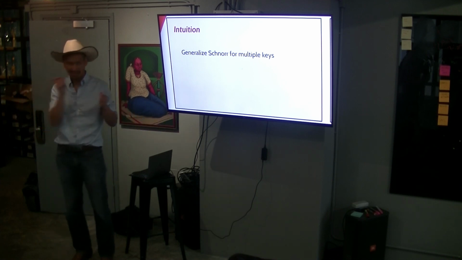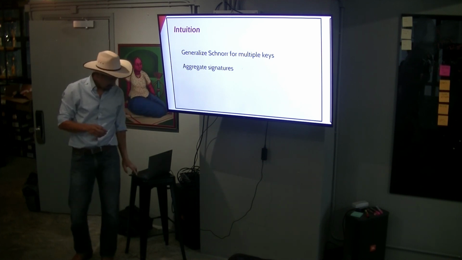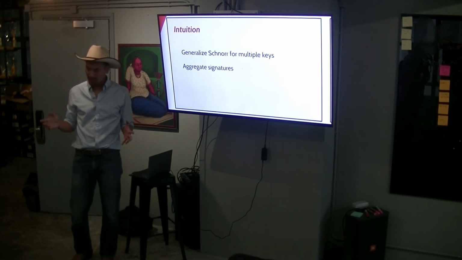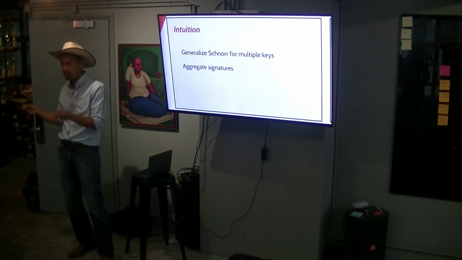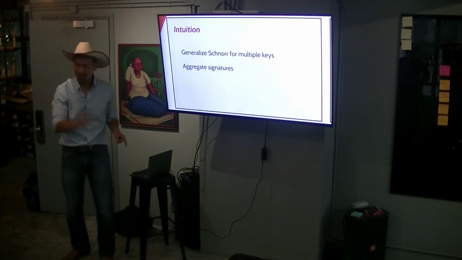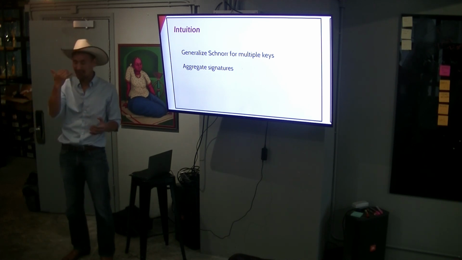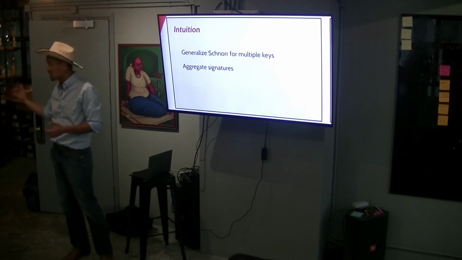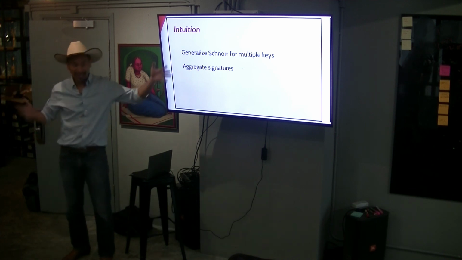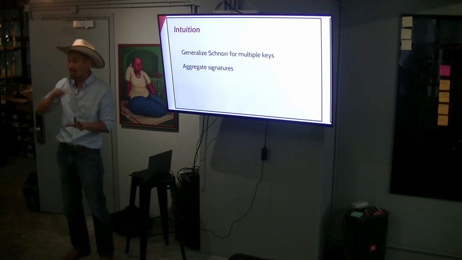And this is the big thing about it, is that you can aggregate signatures, which is really cool. You can prove that all of these people signed it with a single signature. And in Bitcoin right now, what you have to do is you have to have a separate signature for each key. With this, you can aggregate all of them, you can have a single signature, and it proves that everybody signed it.